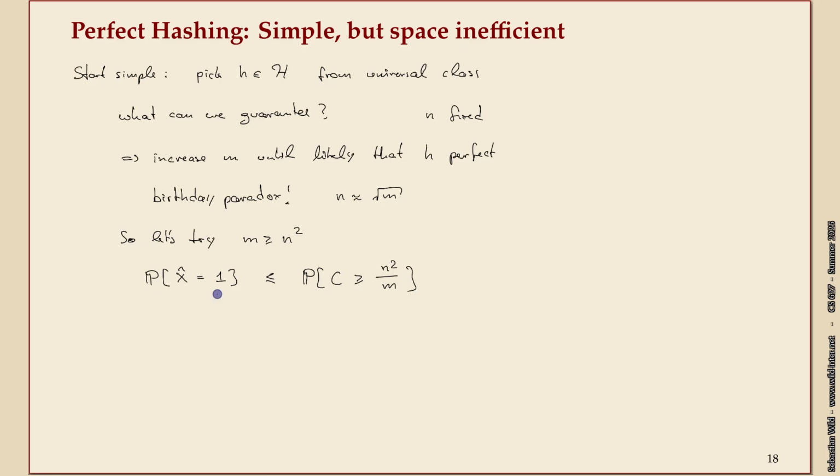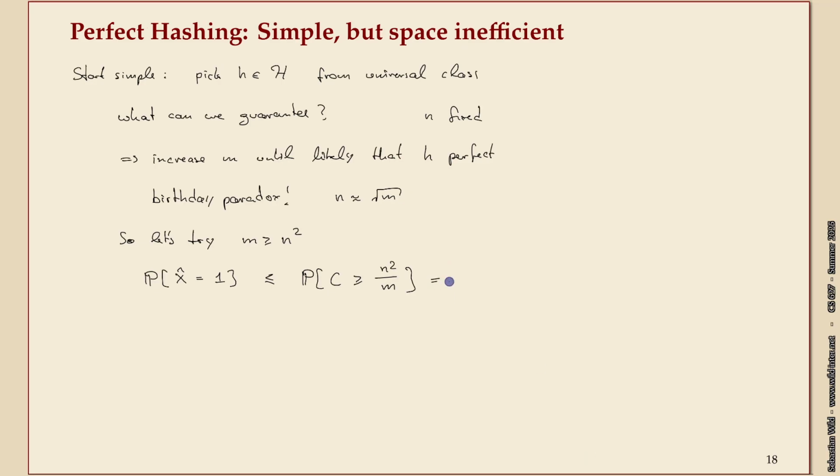And so if you work out, if m is at least n squared, then this is indeed 1, right? And we already know that this is the probability that this exceeds twice its expectation.